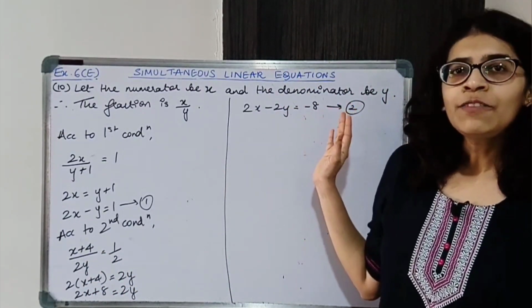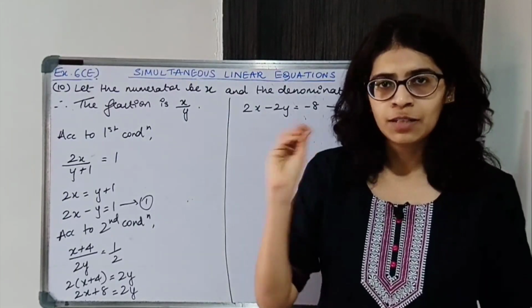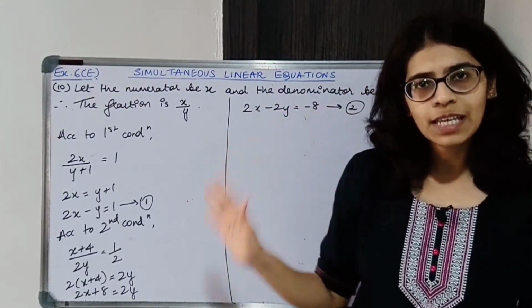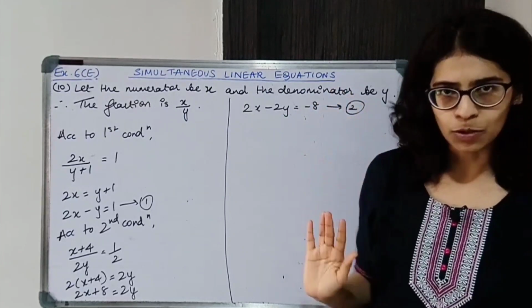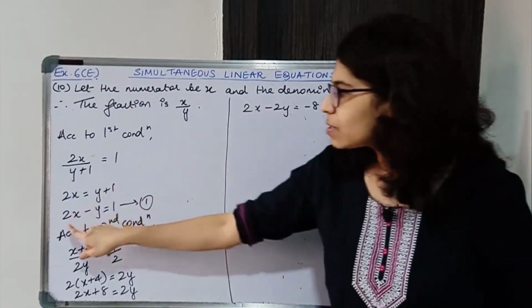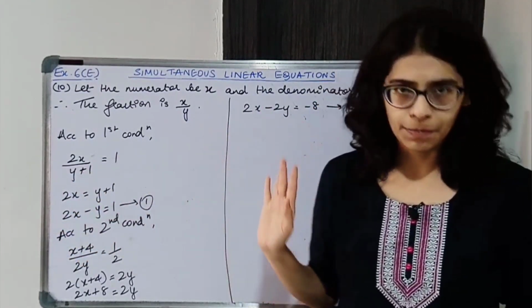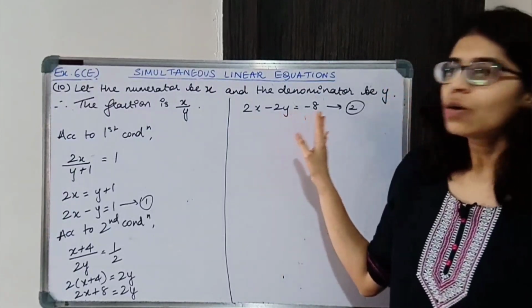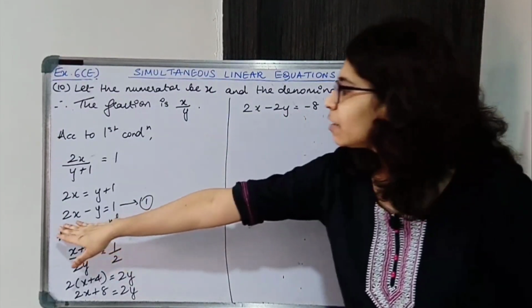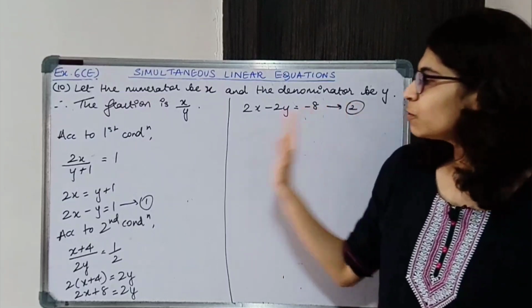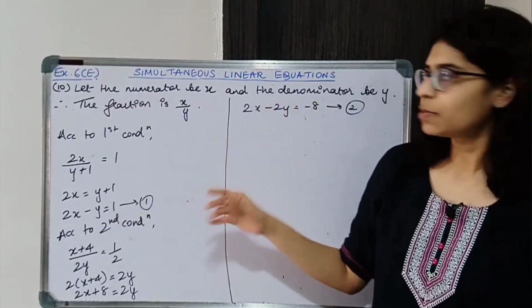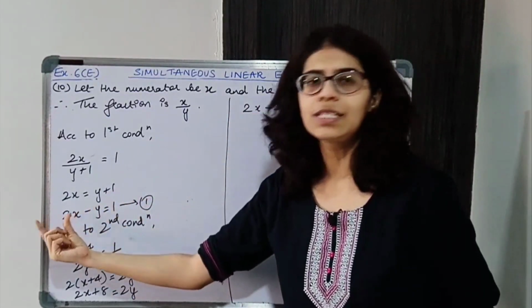Now normally we make the coefficients of any one variable same, either make the coefficient of x same or the coefficient of y same. Over here if you notice, the coefficient of x is already same, so you can just subtract the two equations because the signs of the coefficient are same over here.